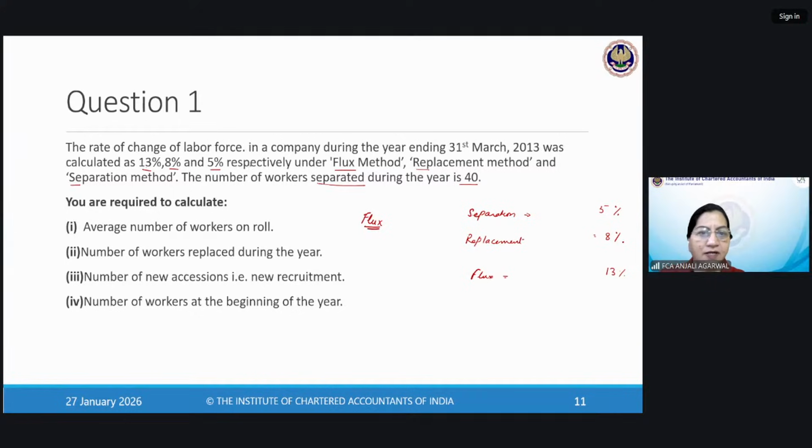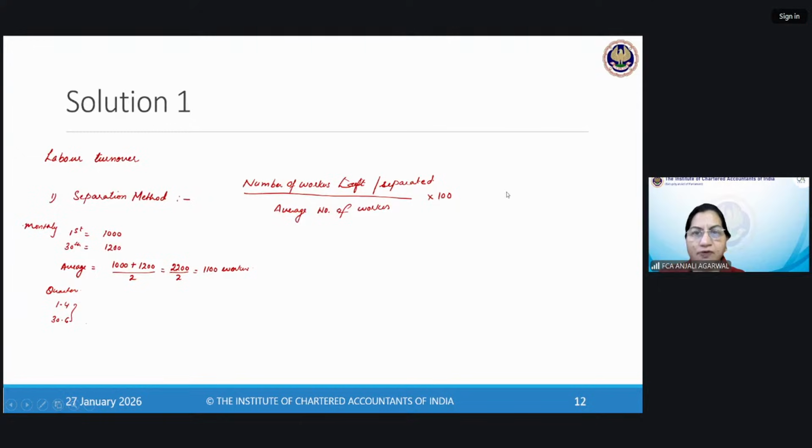And it is also said how many workers separated during the year? 40. So if you look at the formula, number of workers separated during the year, 40. Average number of workers is not known, but this percentage is 5%.